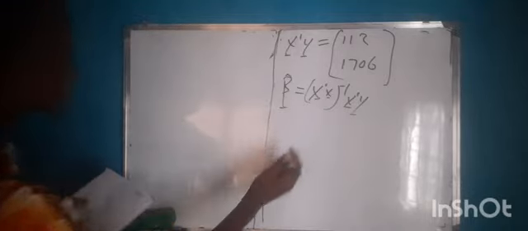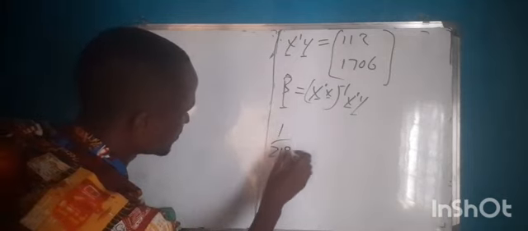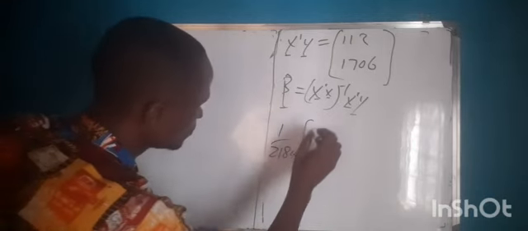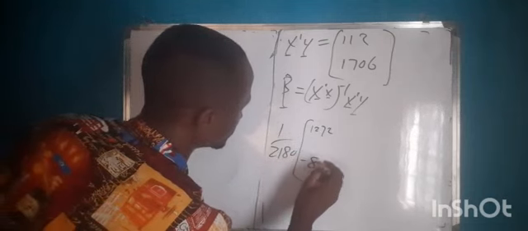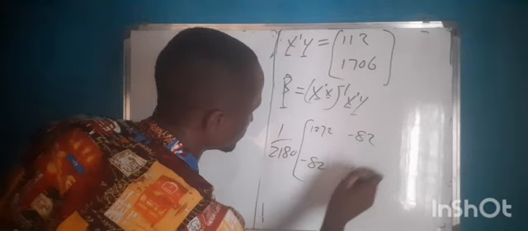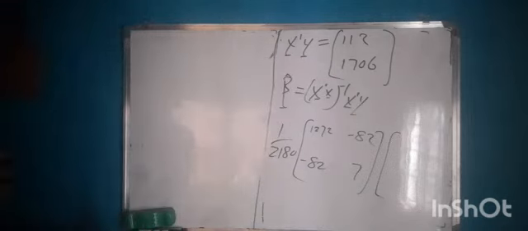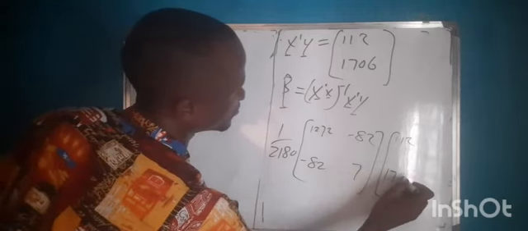So we have X transpose X inverse to be 1 over 2180 by 1272, minus 82, minus 82, 7, multiplied by our X transpose Y, which is 112 and 1706.